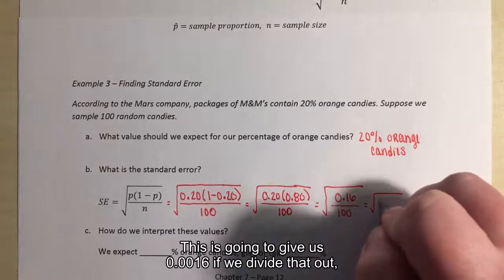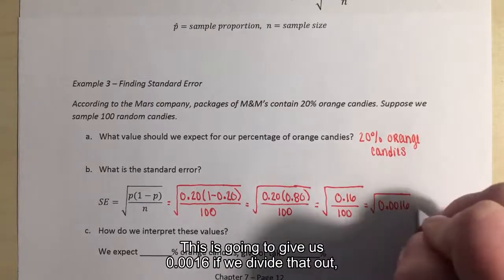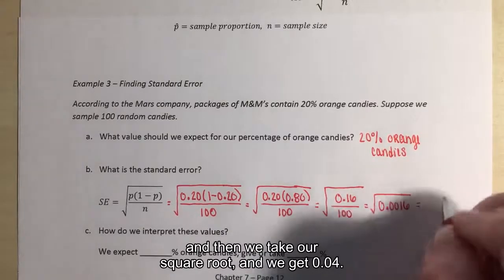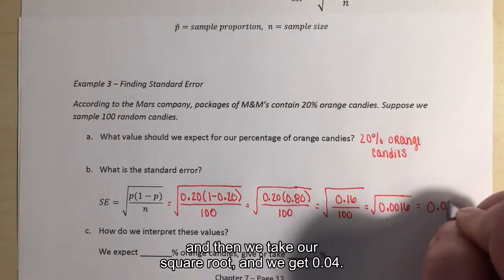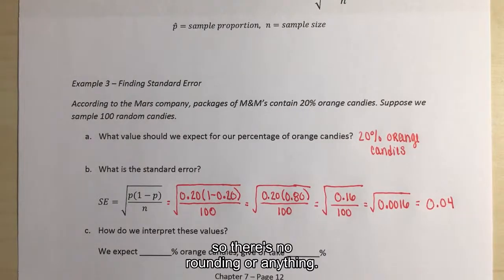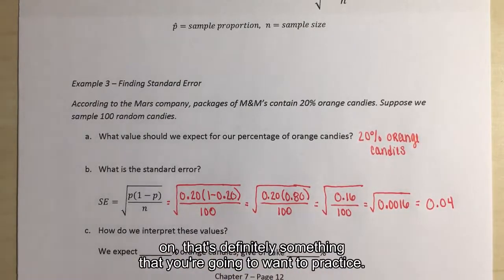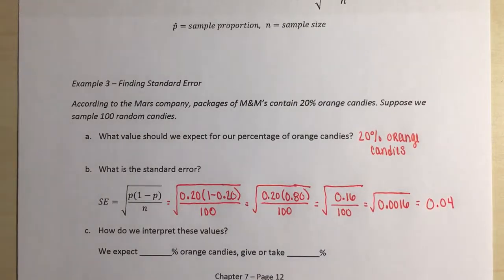This is going to give us 0.0016 if we divide that out, and then we take our square root and we get 0.04. I purposely picked numbers that work out really nicely so there's no rounding. However, in a lot of the problems there will be rounding. So the more of this we can plug into our calculator early on, that's definitely something you're going to want to practice.